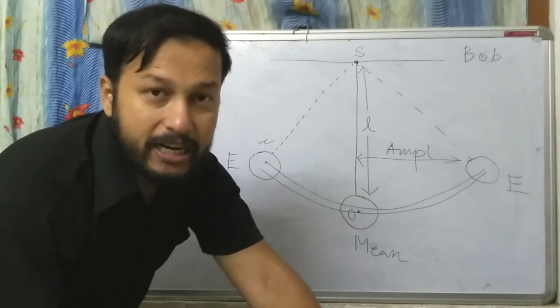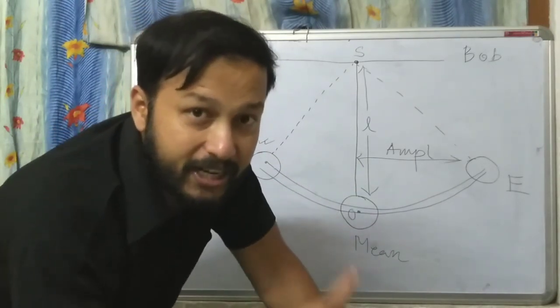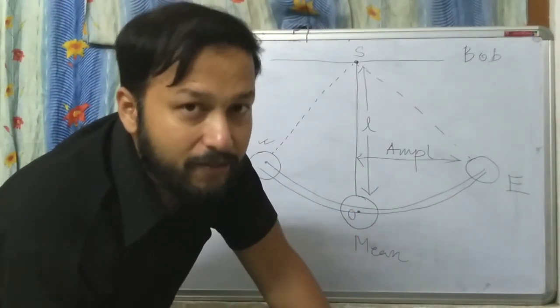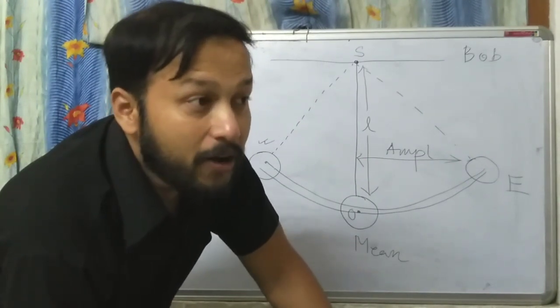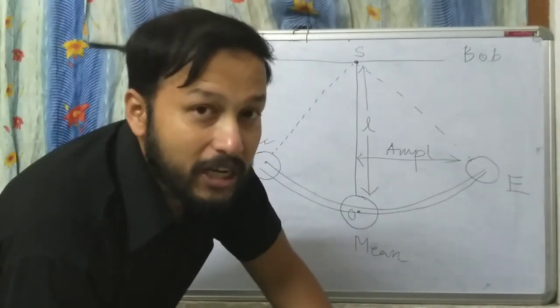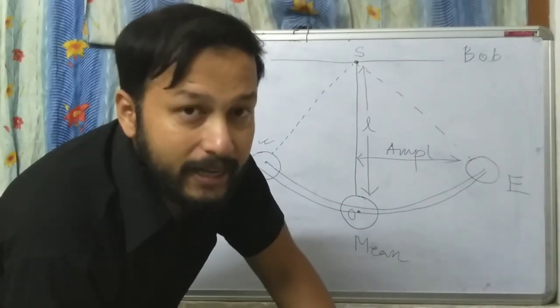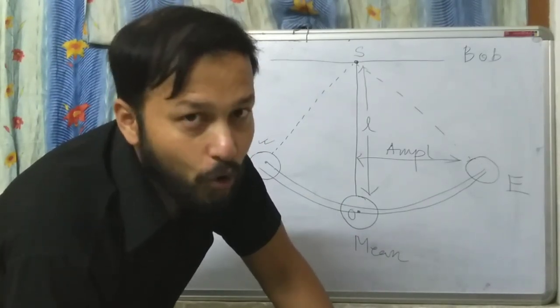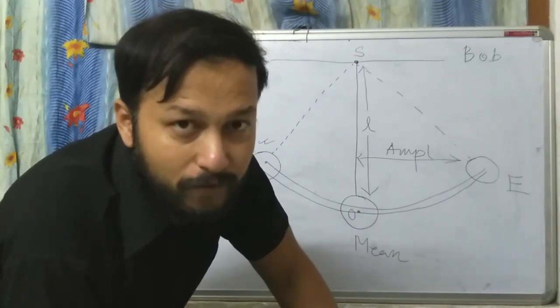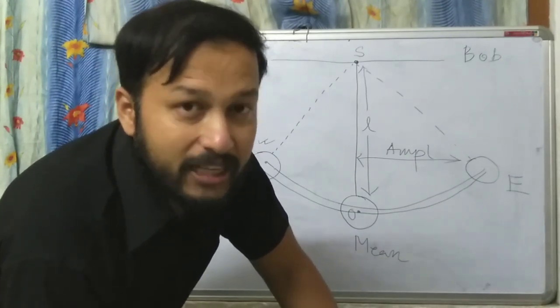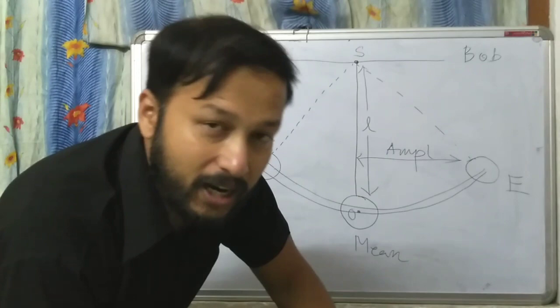In this way, 10 oscillations it has completed in 1 second. Then we'll call the frequency of that pendulum is 10. So the number of oscillations made in 1 second is called frequency. Understood?